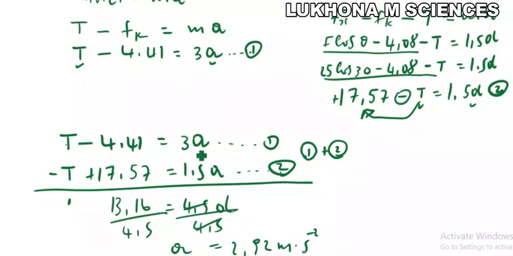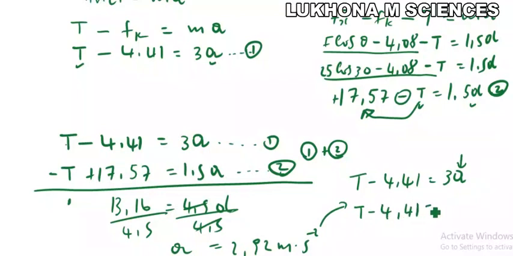We will take one of the equations. We can take equation 1, or we can take equation 2 to solve for T. So I will take equation 1, T minus 4,41 is equal to 3a. Then in place of a, I will substitute 2,92. So T minus 4,41 will be equal to 3 times 2,92.